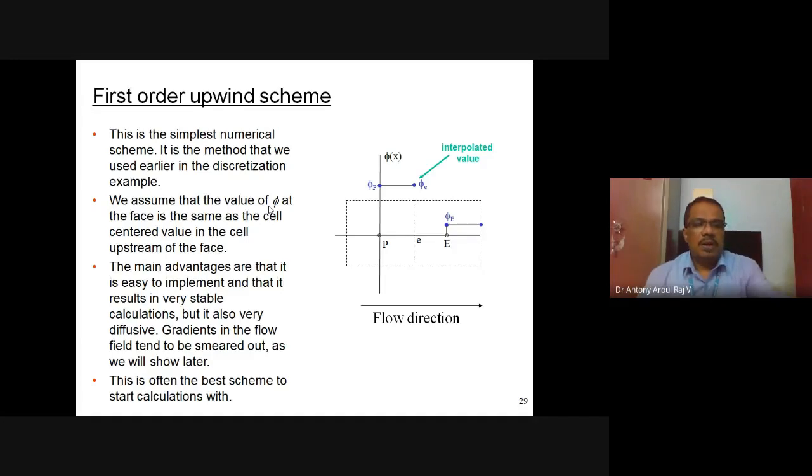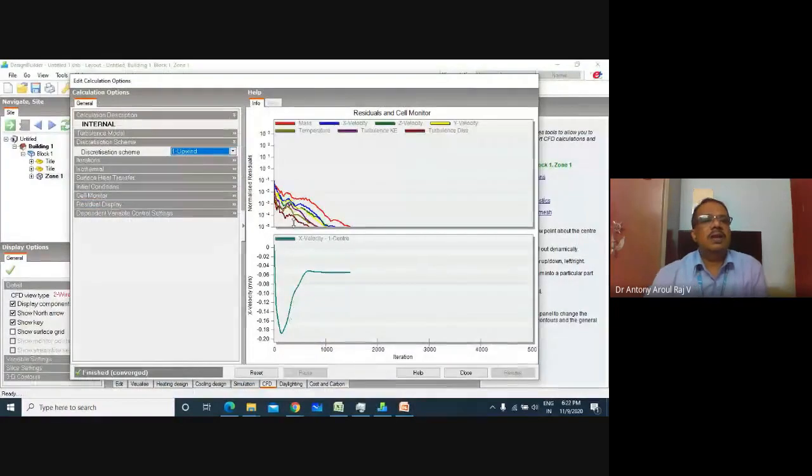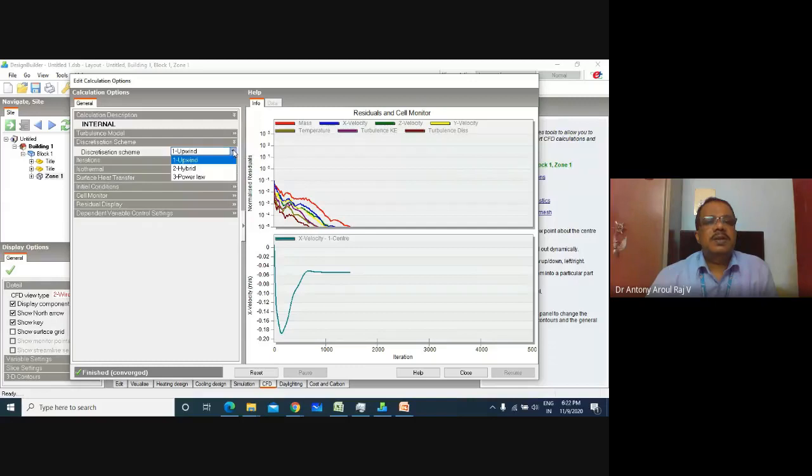So now you have understood this point, which you are using in the solver: the discretization scheme. What is a discretization scheme? It is the one which we will be using for convection. At lower velocities, or lower Peclet number, or lower convection, we will be going by central difference scheme.